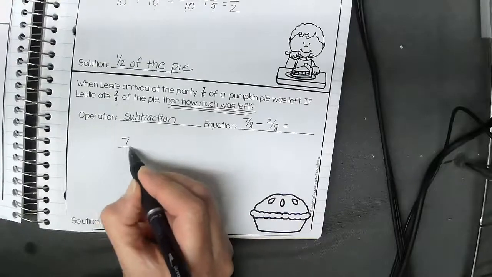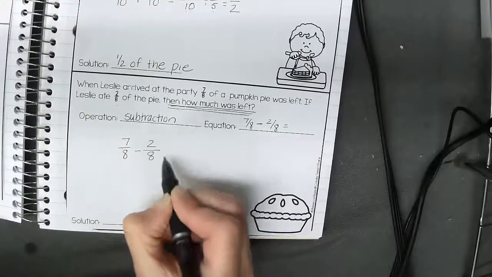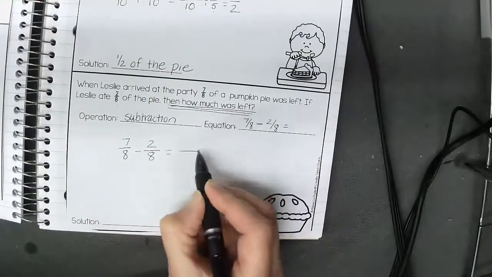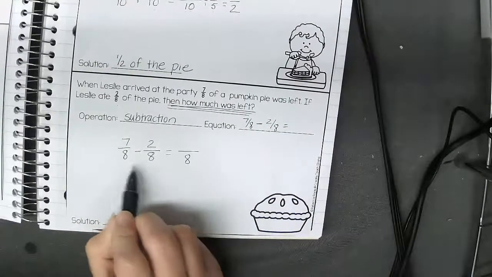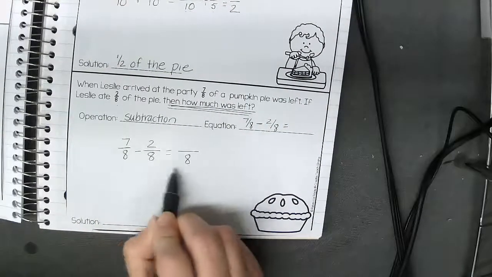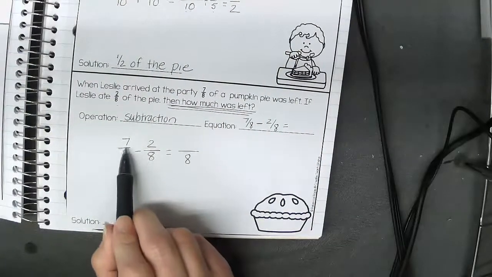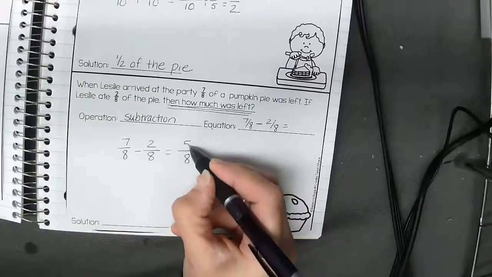So 7/8 minus 2/8. Because we're dealing right now with like denominators, I don't have to do anything except move my 8 over here, because when we subtract or we add, our denominator stays the same. Okay? So then I go up to the top in the numerators, and I just subtract like normal. 7 minus 2 is 5.